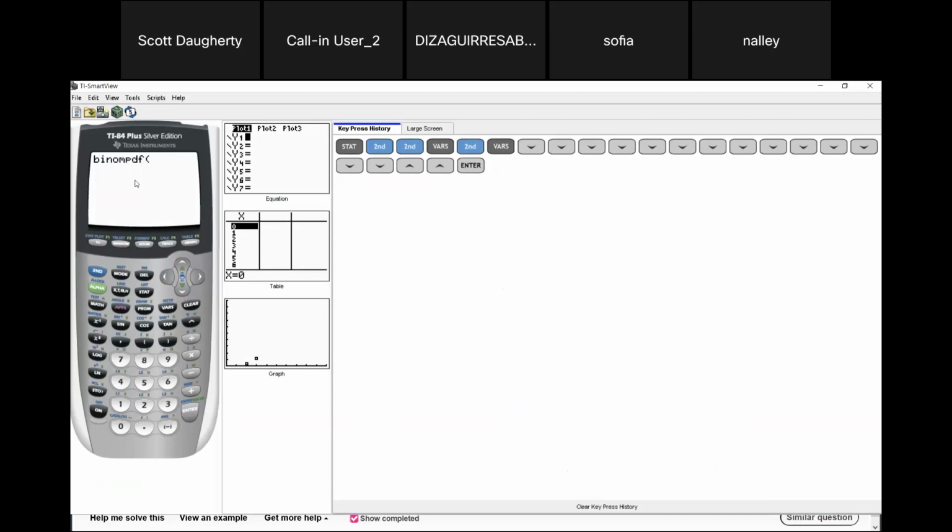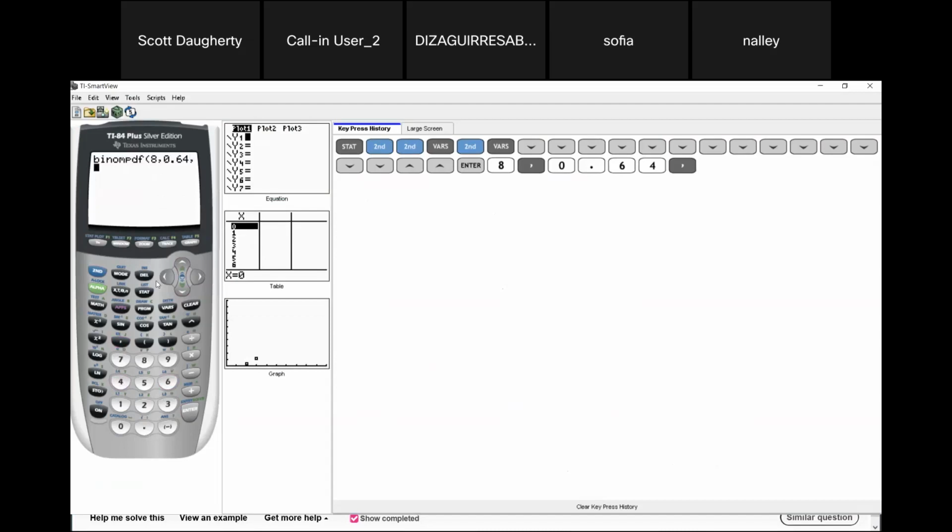And then the first thing you've got to put in here is the number of trials. So it's going to be 8, and then we're going to separate them by commas. So the number of trials is 8, and then comma, probability of success for each trial, and that's the 0.64. And then comma, what do you want x to be?